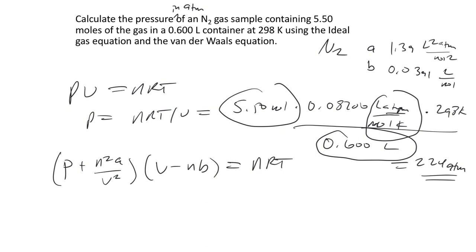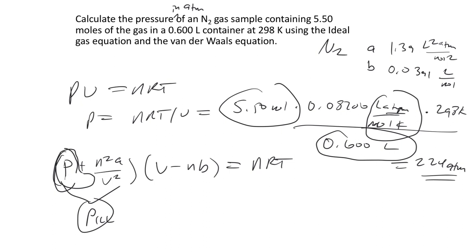So this here is the pressure we want to solve for. I wrote before that this was the ideal gas law pressure. I think this here is the ideal gas law pressure. So P plus n squared A divided by V squared is equal to our ideal gas law pressure. And then this pressure here is our van der Waals pressure. The van der Waals pressure is just the more accurate calculation of the pressure.